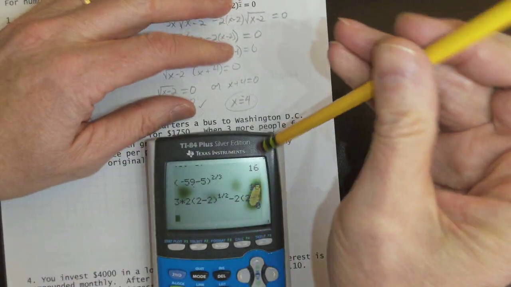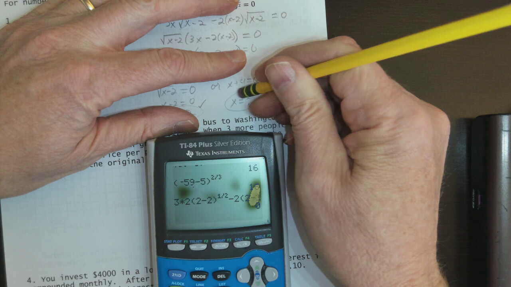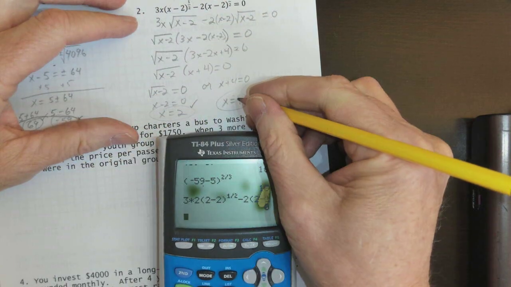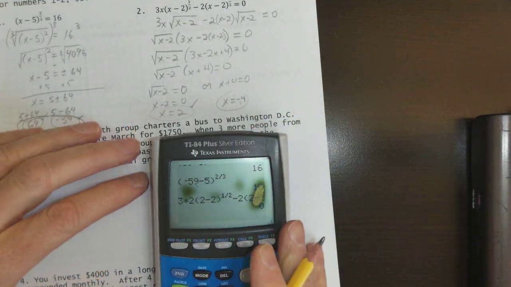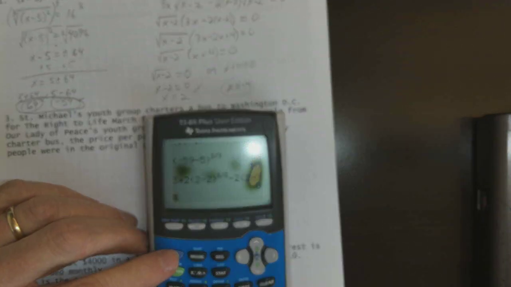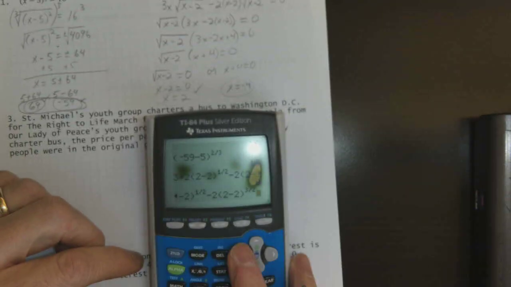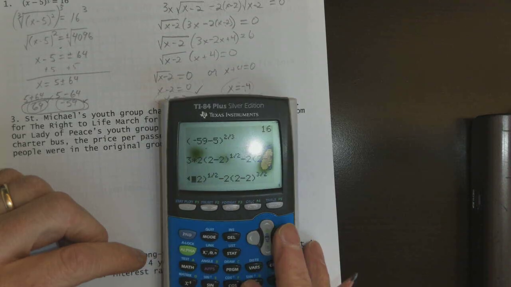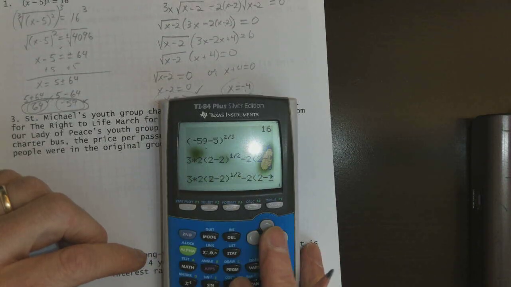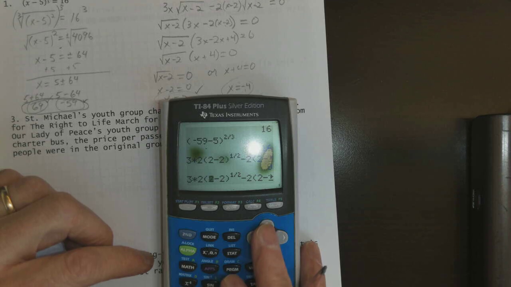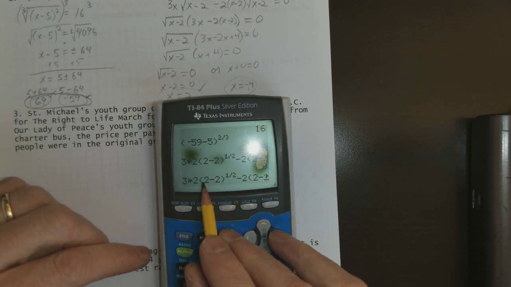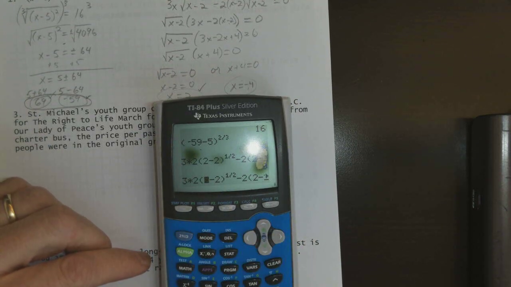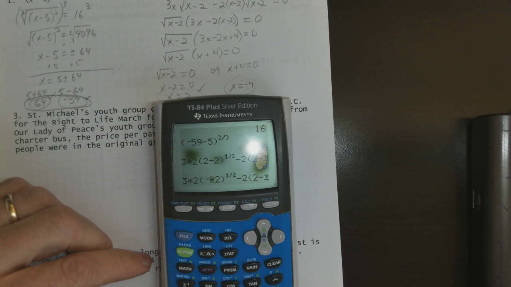Now my question is, will negative 4 work? Okay, I'm going to check that one also. I'll have x minus 2, so where the 2 is, I'm going to put negative 4.